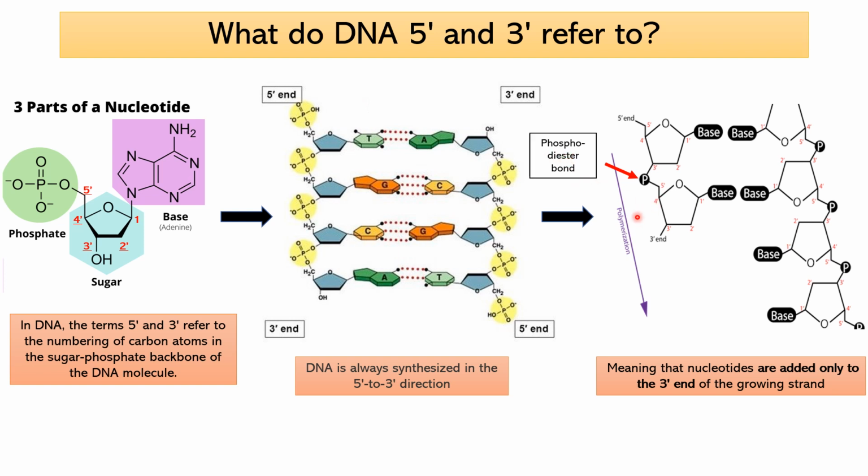And that's what governs the movement of the synthesis of the DNA in just one direction. Only the 3 prime end can accept new nucleotides. Nucleotides cannot bind to that other end. So that's in a nutshell the whole process of what 5 prime and 3 prime mean.